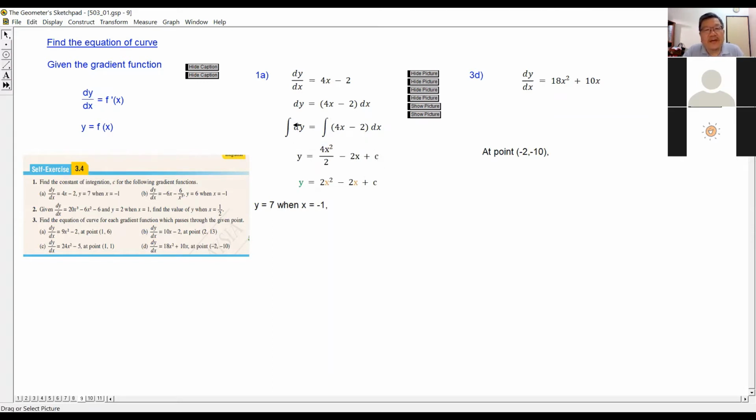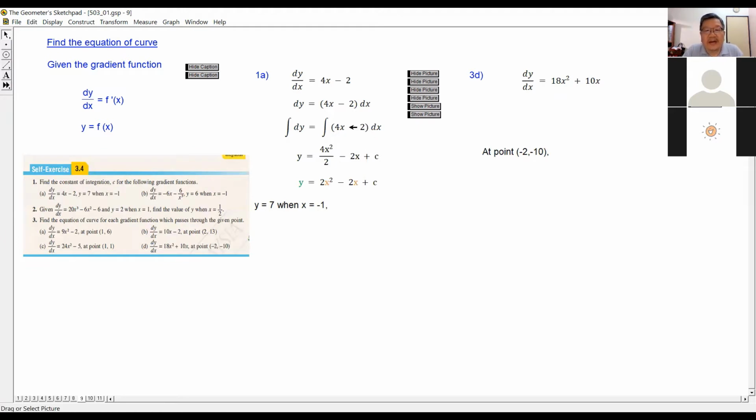When you integrate dy, you will get y. Dy is actually 1, right? You get y. On the other side, the 4 you just leave there. Integrate x to the power 1 becomes x squared over 2.